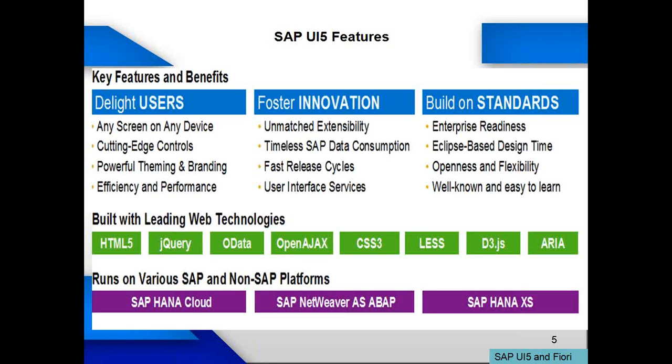And then in terms of extensibility and performance, I'm going to show you one application which I developed, at the end of this slide, so we can see what the performance of SAP UI5 is.